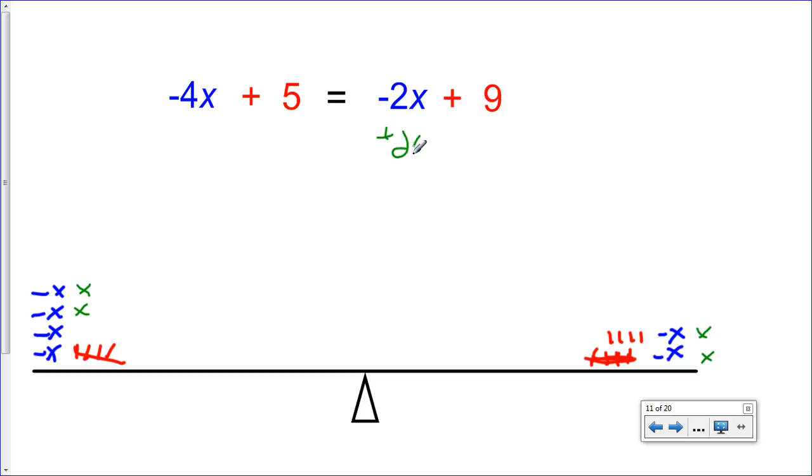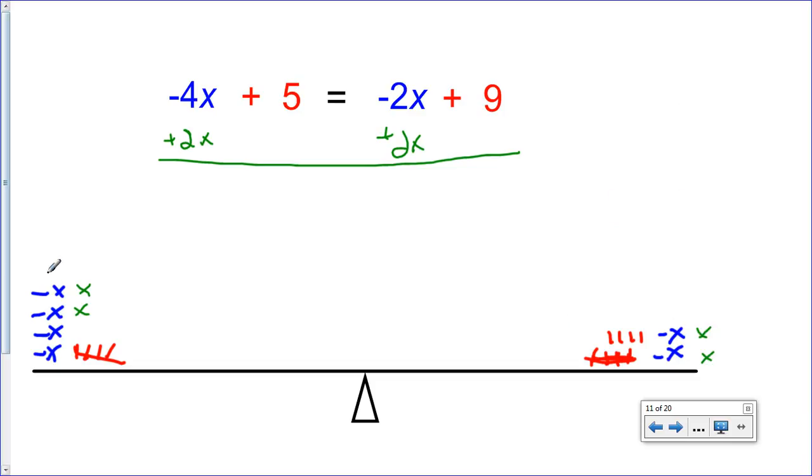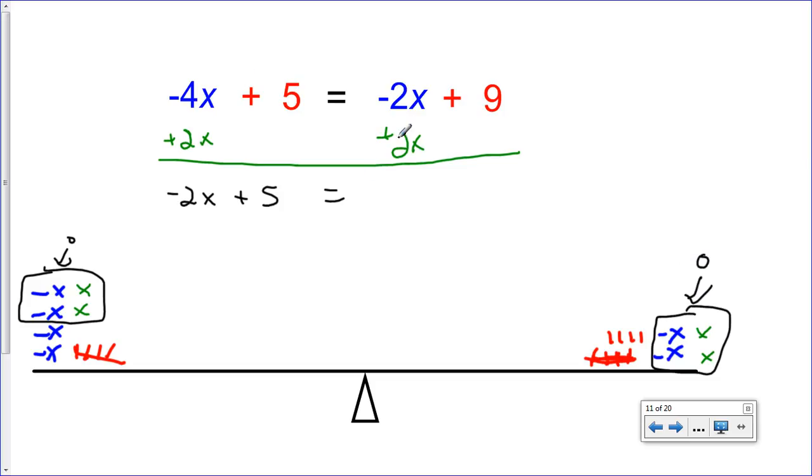So we put 2 positive x's on both sides, staying balanced. And we have 0 here, inverse property. That leaves negative 2x plus 5 on the left side, and we have 0 here. Negative 2x and positive 2x, inverse property, equals 0, 9.